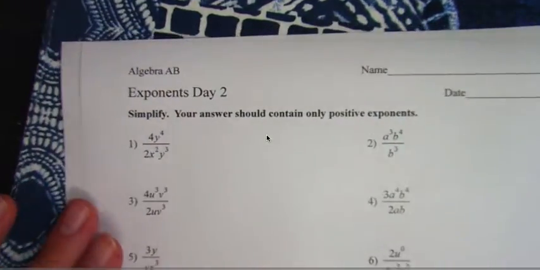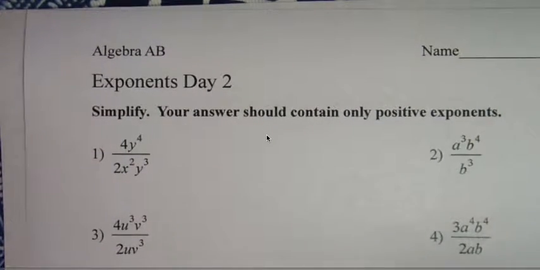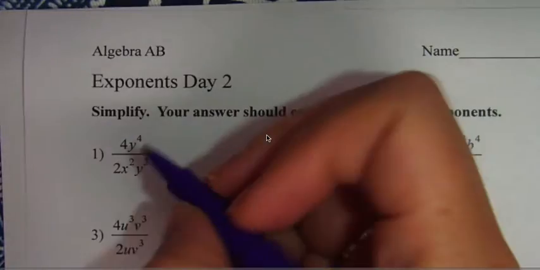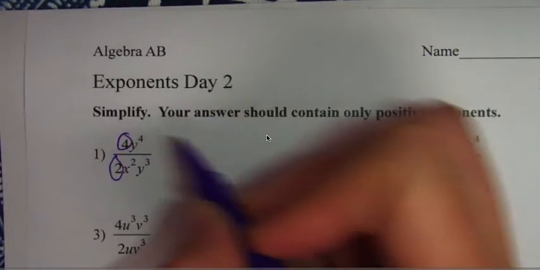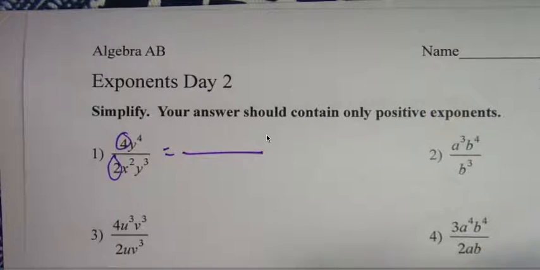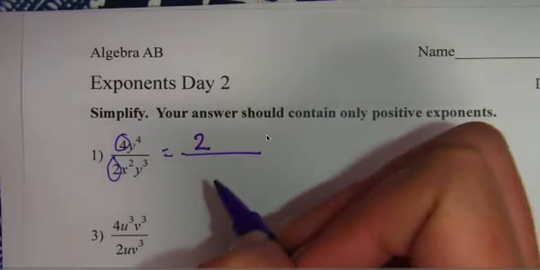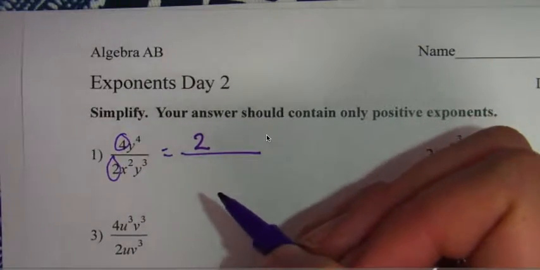Let's zoom in here. All right, so I have 4y to the fourth over 2x squared y to the 3. So you want to take your coefficients and simplify them the way you would normally simplify a fraction. So 4 over 2 would simplify to 2 over 1. I don't need to write the 1 underneath. You can if you'd like.